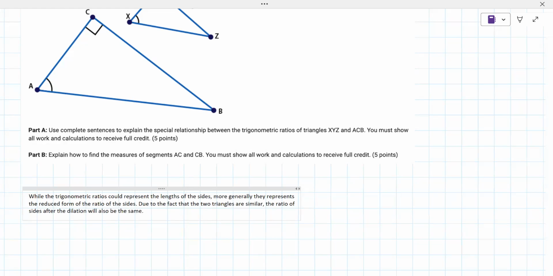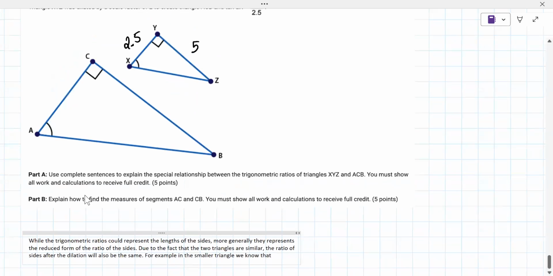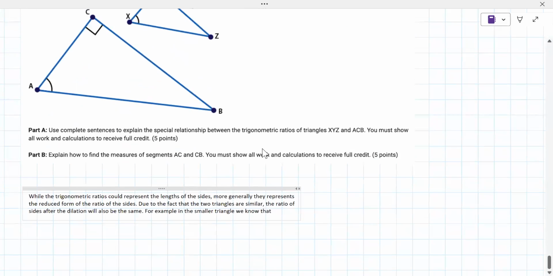Okay, and then you can give the example. So for example, in the smaller triangle, we know that the ratio for tangent, the opposite to the adjacent side, is 5 to 2.5.